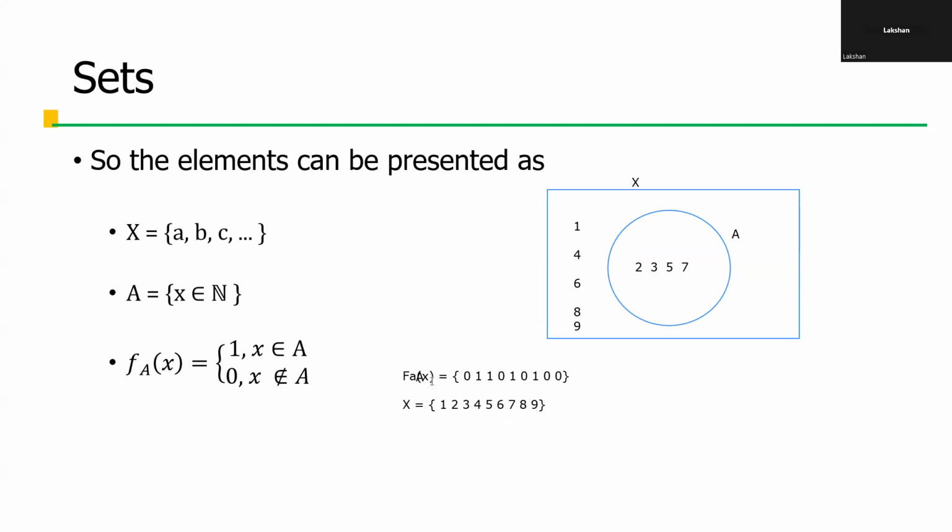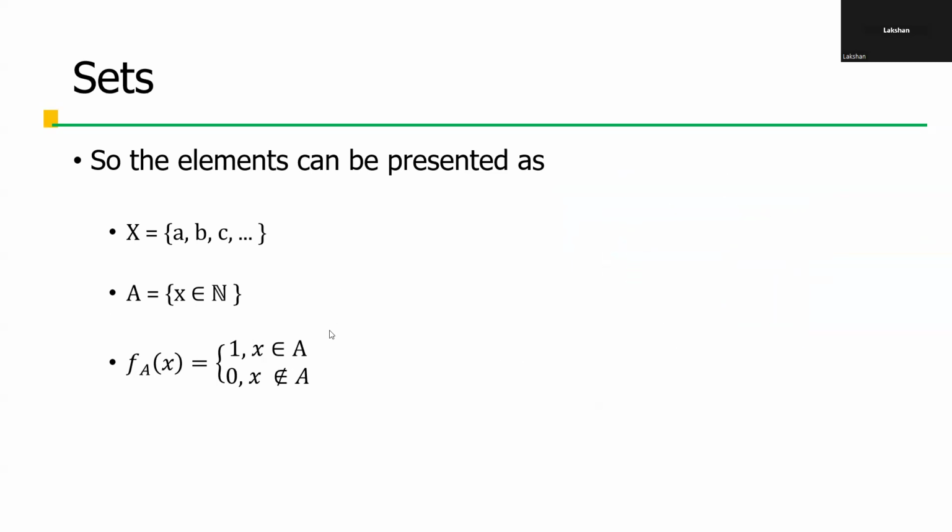This membership function shows whether this subset A has this element or not. It only gives 1 to the elements that are in this subset. So let's move on.